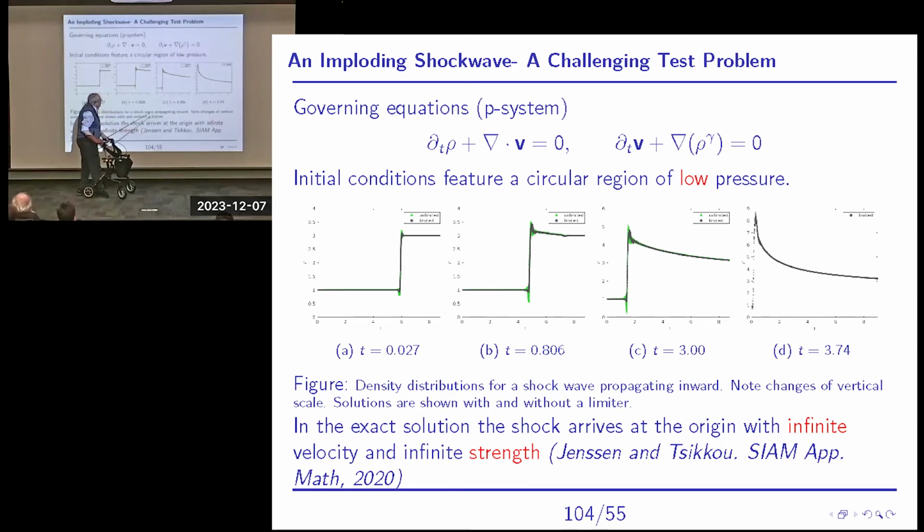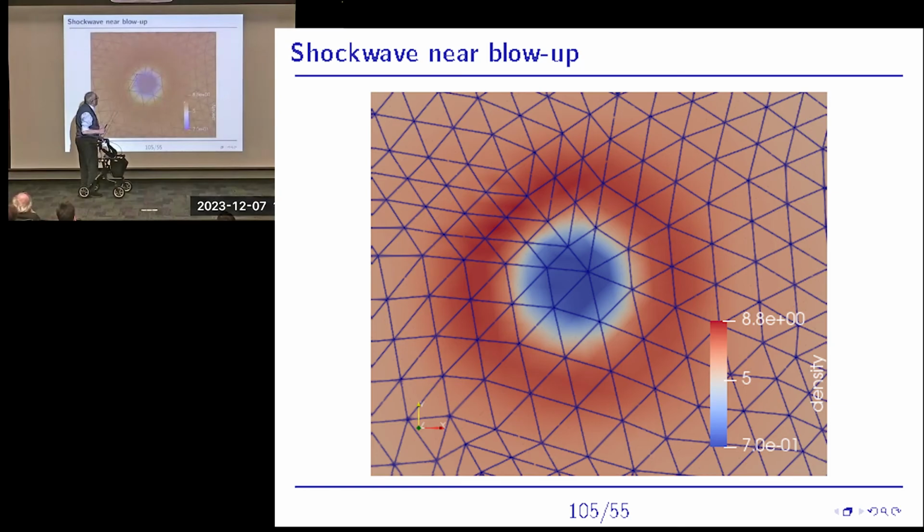But what I'd like to show you is the results just as the shock reaches its point of minimum radius. I'm slightly disappointed with the way this has come out, but what you can see is it's very circular, even though it collapsed into only being defined by about 3 of these unstructured elements.